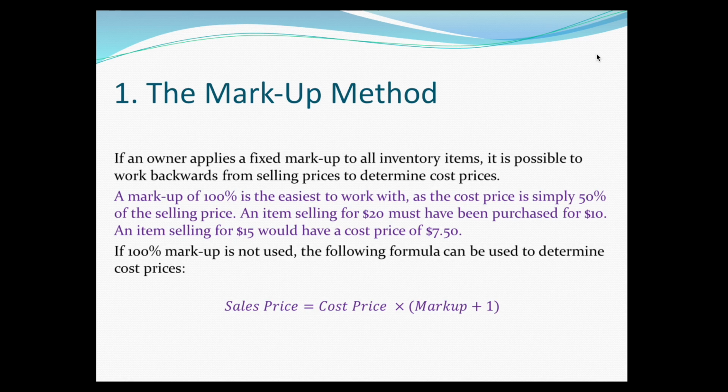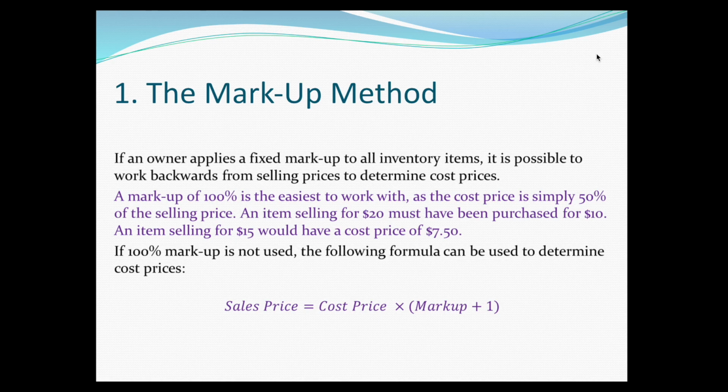If a 100% markup was not used, the following formula can be used to determine cost prices. The formula is: sales price equals cost price times (markup plus 1). In the first part video, I showed you how to use the 1 plus method, where you just add 1 to the decimal form of your percent.